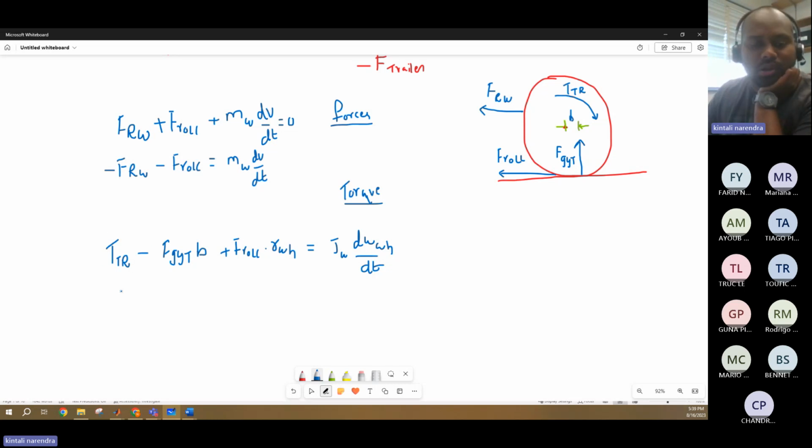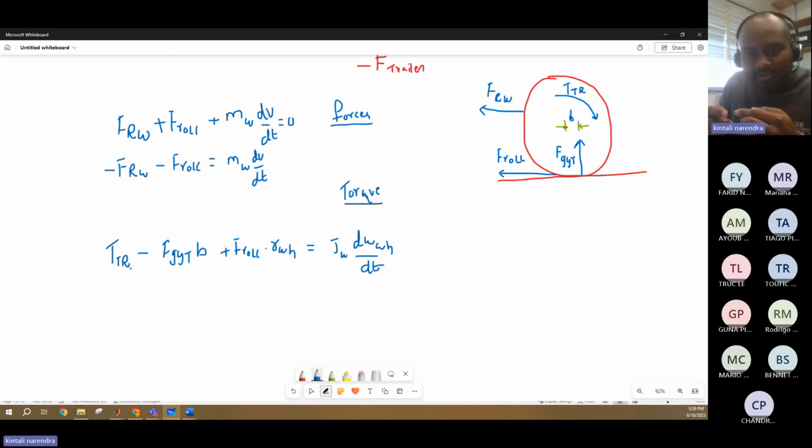So what we did here is we considered the tractive torque. Imagine there is an engine. The engine is trying to move the wheel, so the wheel is rotating, and on top of the wheel you have the chassis. The chassis by itself isn't being pushed or pulled.